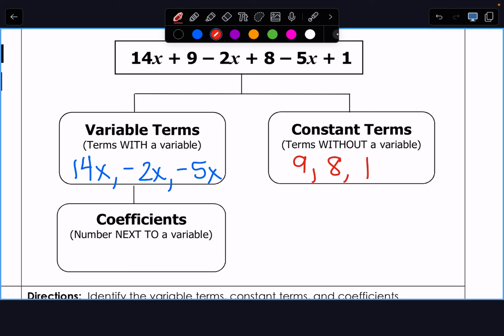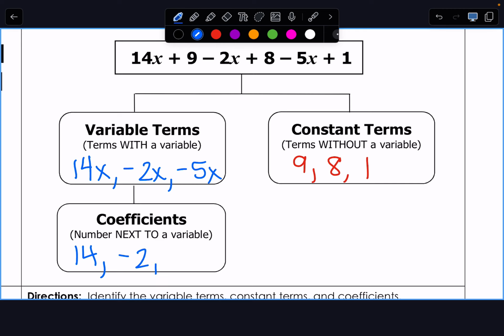Now, when we combine like terms, if we have variable terms like we do right here, we are going to have to use the operations of the coefficients. Our coefficients are those numbers in front of our variable. What's the coefficient of this number right here? 14. And this one?